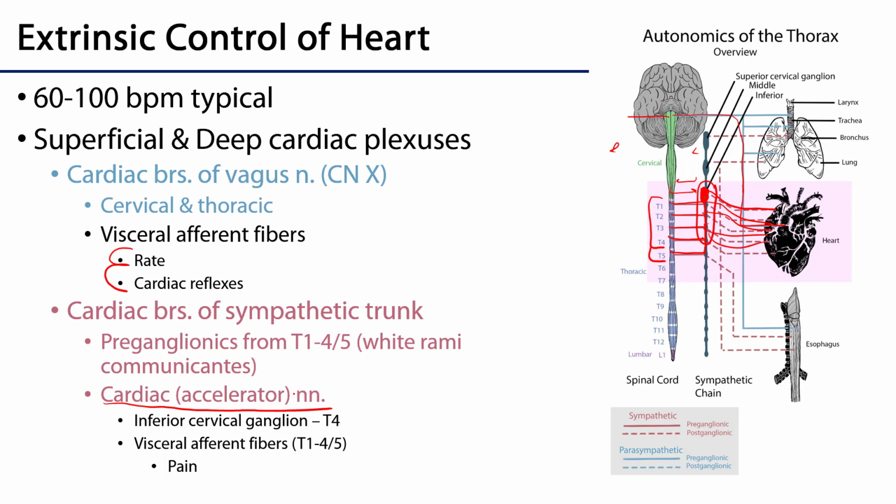Now, as the vagus fibers had their own visceral afferent fibers reporting on rate and cardiac reflexes, the sympathetic fibers have their own visceral afferent fibers that carry pain signals back. It's very common above the pelvic pain line for visceral afferent fibers that carry pain signals to accompany sympathetic fibers. And in the case of the cardiac plexuses, this is no different.